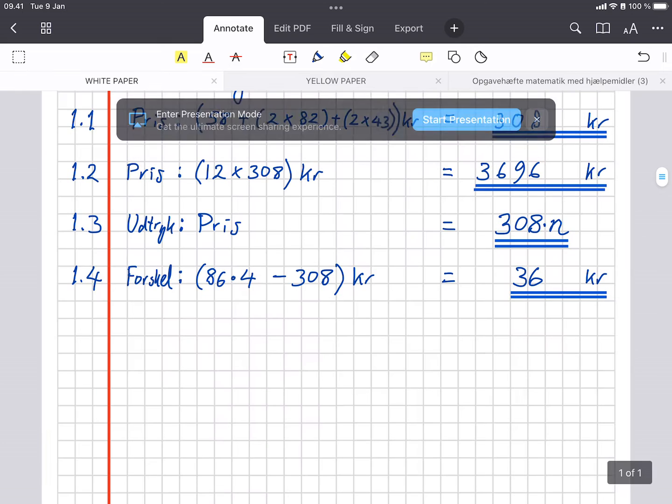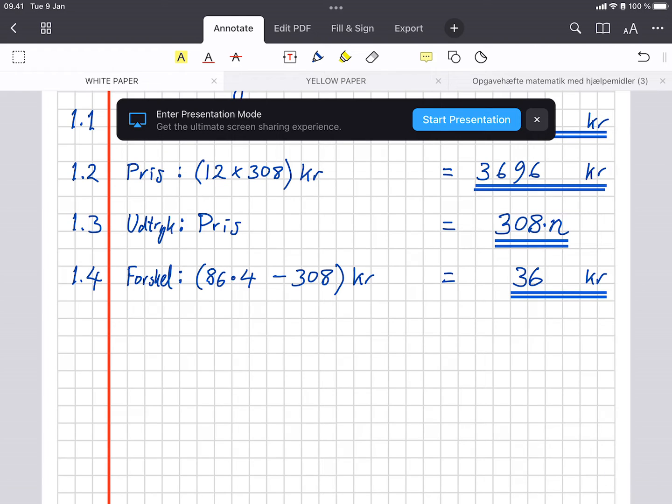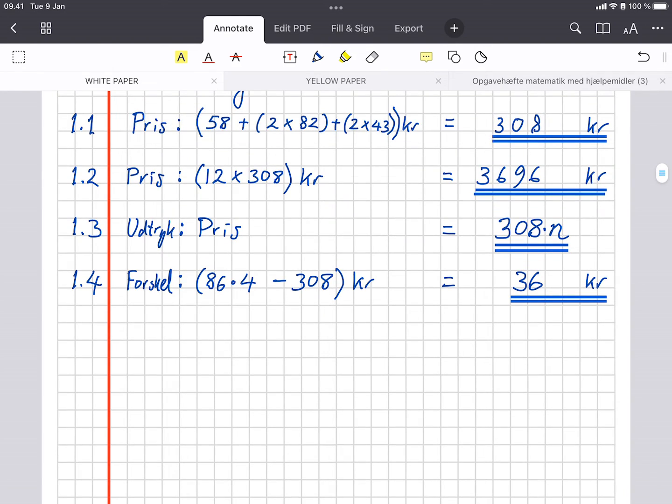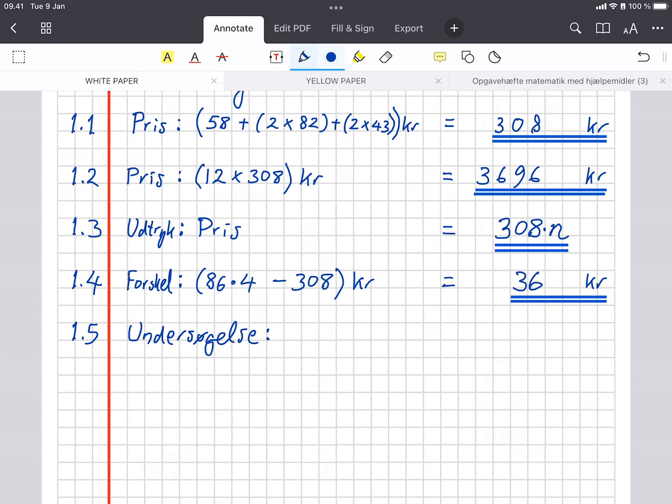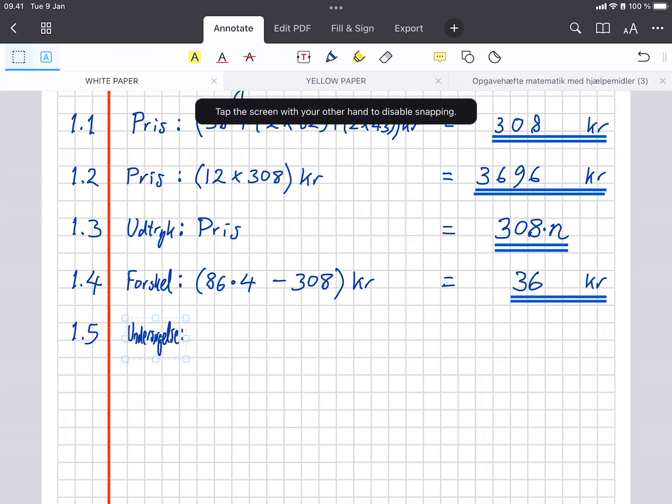Okay, so I am going to try and set this out and stick to the format and everything lined up. So I will go 1.5. I'll put a sub-heading here: Undersökelse, investigation. I'm really pushing it to try and squash that up, aren't I?